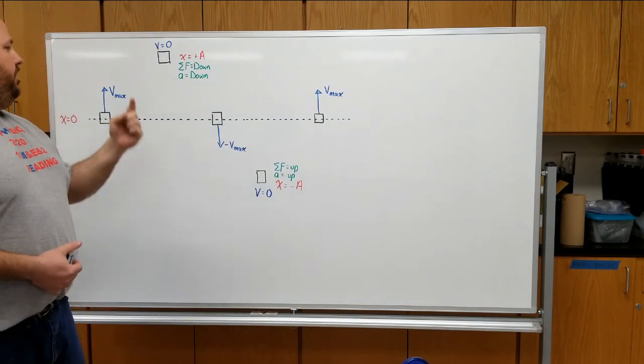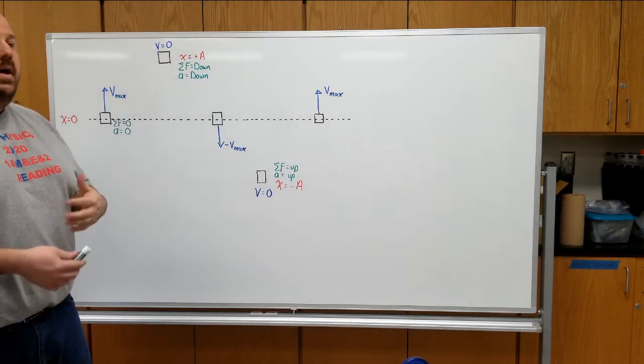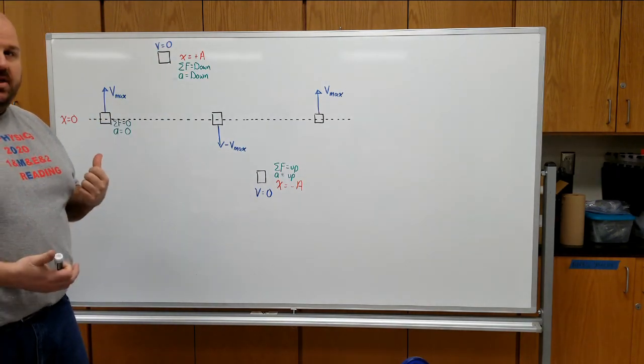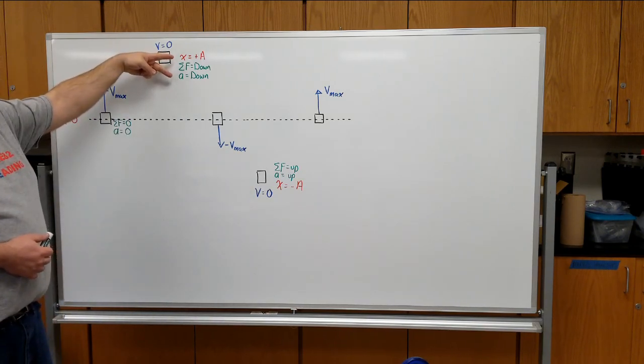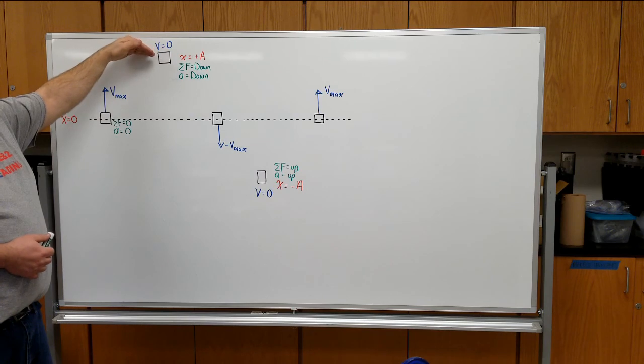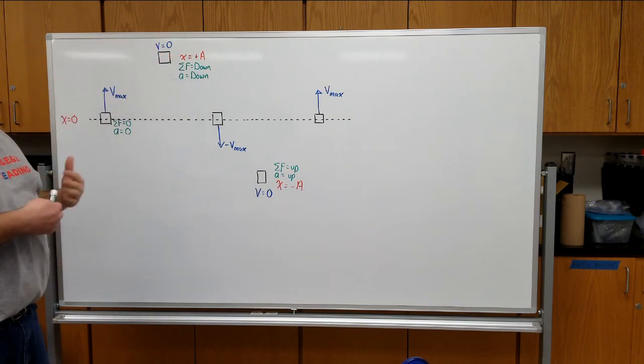And so the graphs of position and velocity and acceleration are all sinusoidal, but none of them are going to match each other. The position and acceleration are both maximum when you are at the maximum displacement, but they're in opposite directions, so they have opposite signs.